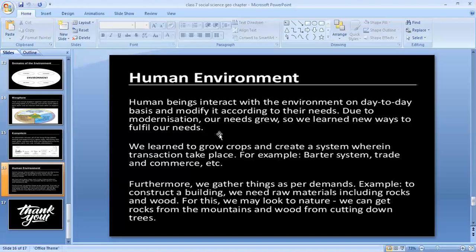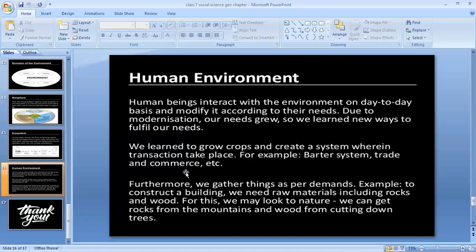Because urbanization is increasing, needs are increasing, so many industries have been set up to fulfill the needs of human beings. We learned to grow crops and create a system where transactions take place, like the barter system, trade and commerce.